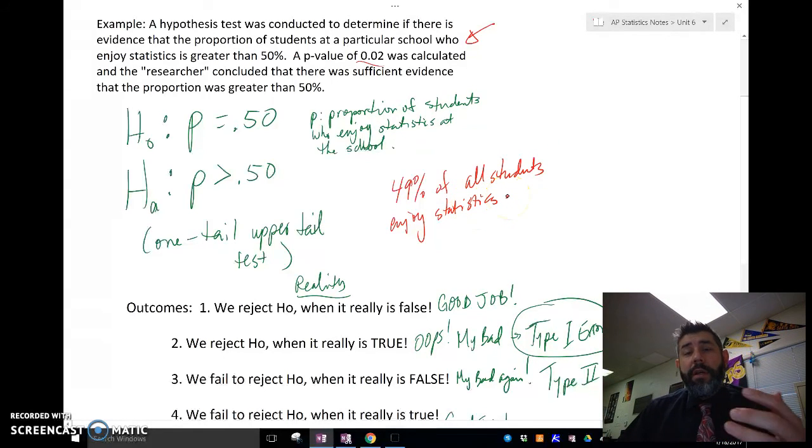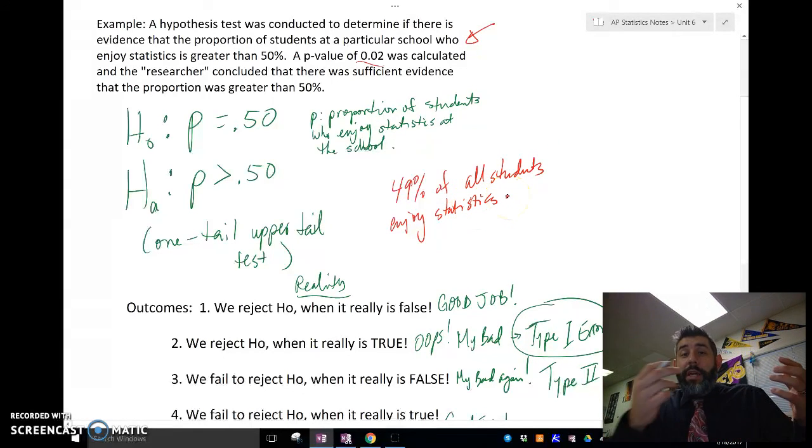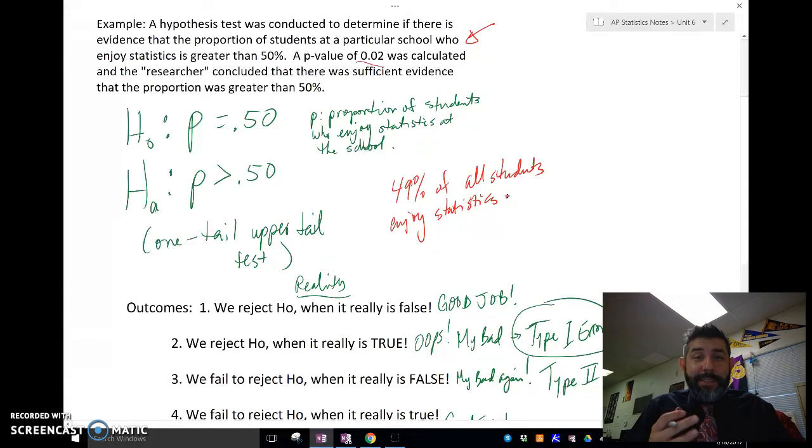So what happened? In reality, by the census, I should have failed to reject the null hypothesis, but I didn't. I made a type 1 error when I rejected the null and said there's evidence that the students enjoy statistics, when in reality they don't. Well, the majority do not.